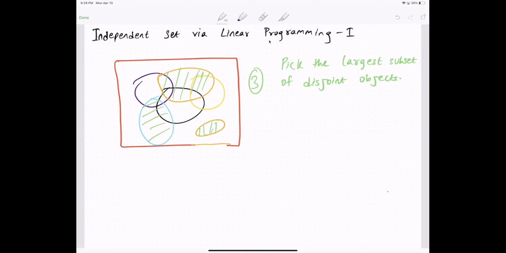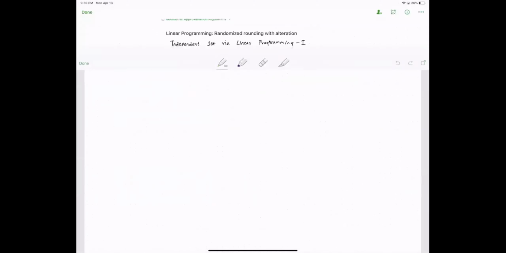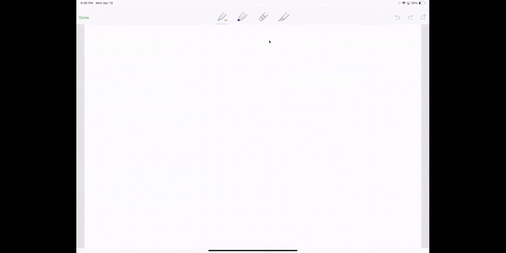Now, as I said, today's lecture will be about solving the independent set problem via linear programming. So let's state some facts about linear programming that we will need.